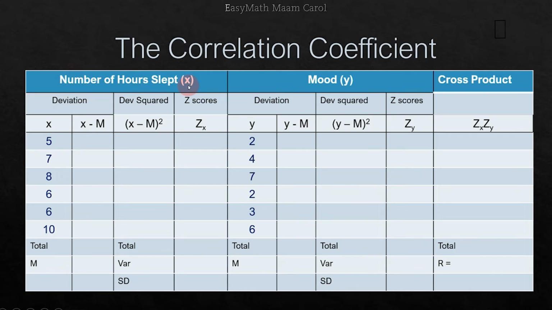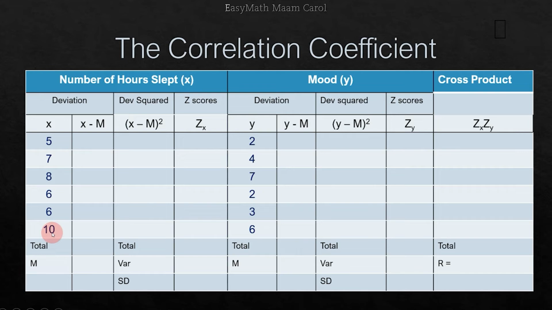Ito yung X variable natin, at saka yung mood na Y variable. We also have another main column which is the cross product ng Z-scores, kasi kukunin natin yung Z-score. So, dun sa ilalim ng number of hours slept, we have the values of X, yung number of hours slept na binigay ng 6 na estudyante.